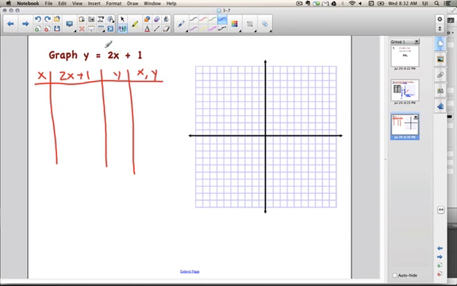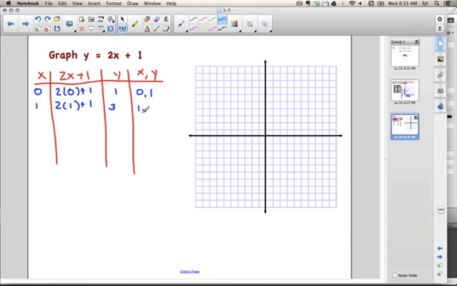I'm going to pick the number 0 first for x. So that means we'll have 2 times 0 plus 1. And 2 times 0 is 0, plus 1 is 1. So that means our ordered pair is 0, 1. Now let's try 1. 2 times 1 plus 1. 2 times 1 is 2, plus 1 is 3.